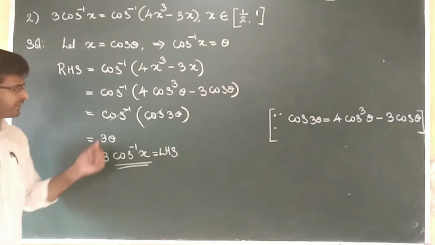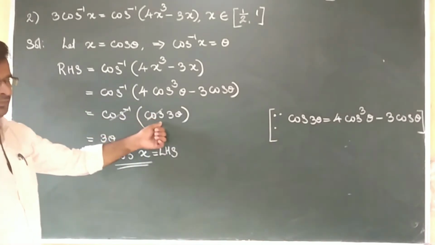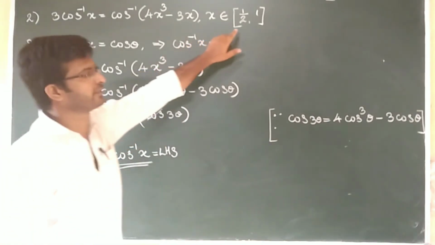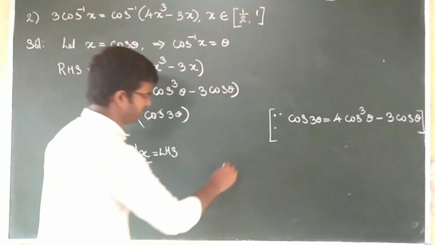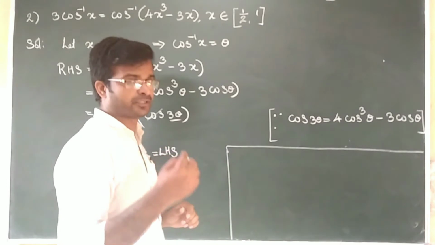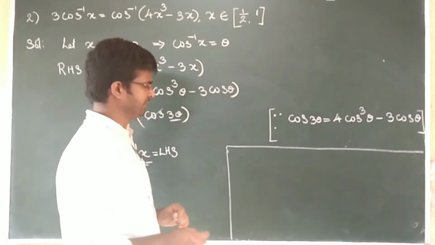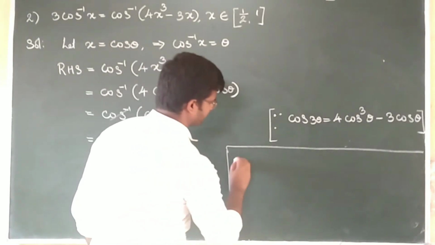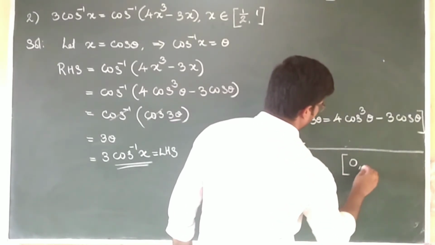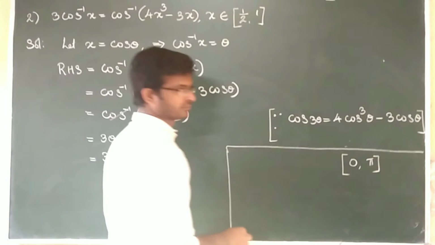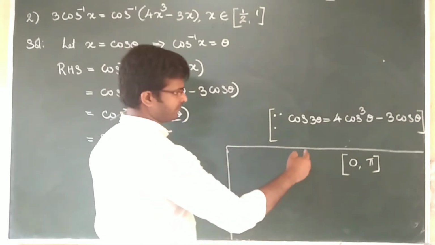We cannot always cancel cos inverse and cos theta. Some condition is given; in this interval only we can cancel. You already know the principal value of cos. What is the principal value of cos? That is between 0 and pi, the closed interval 0 to pi.